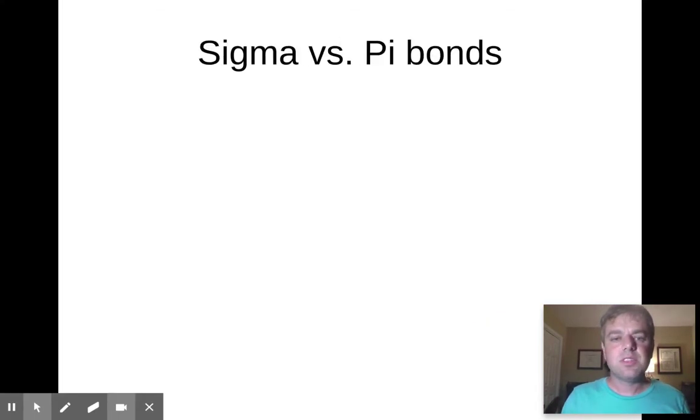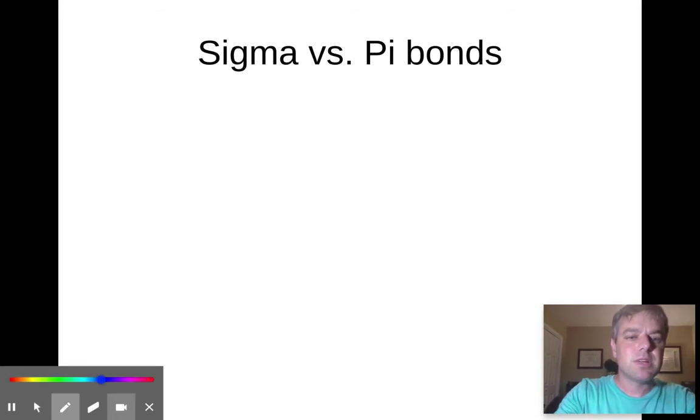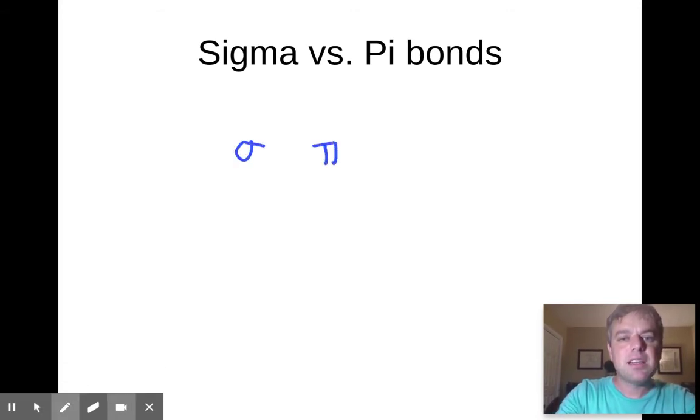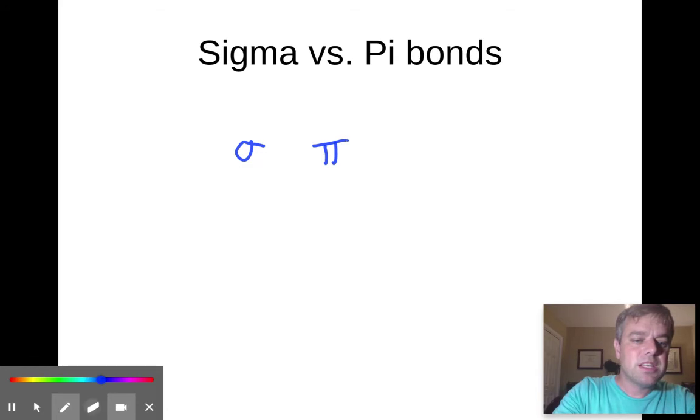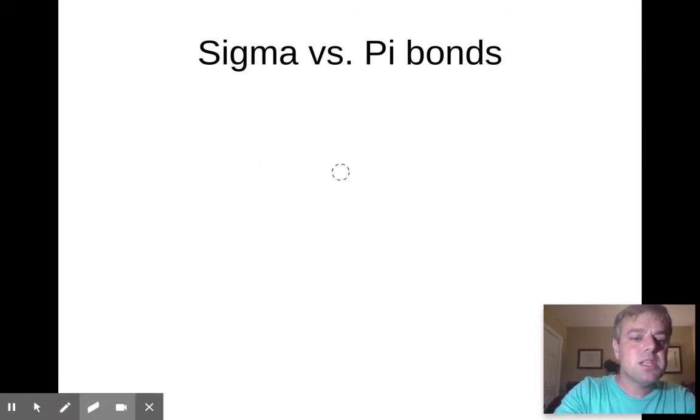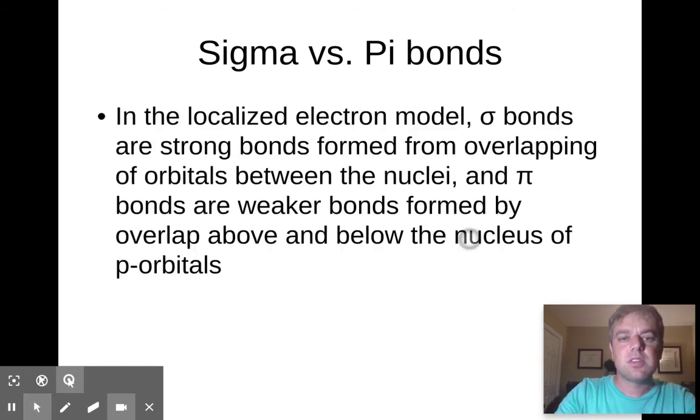And now for the last thing, the difference between what's called a sigma bond and what's called a pi bond. And keep in mind also, this is based off of the Greek letters sigma and pi. Sigma representing ultimately s orbitals and pi representing p orbitals.